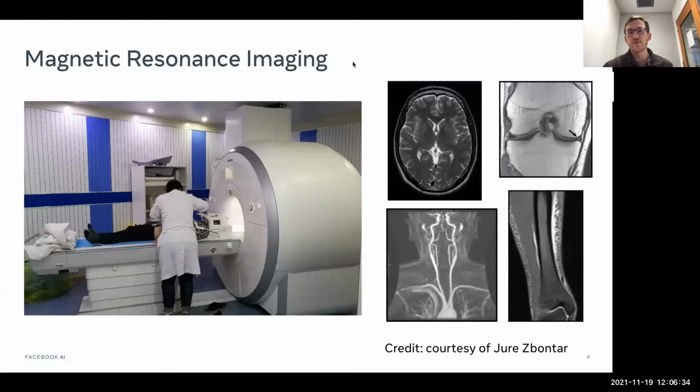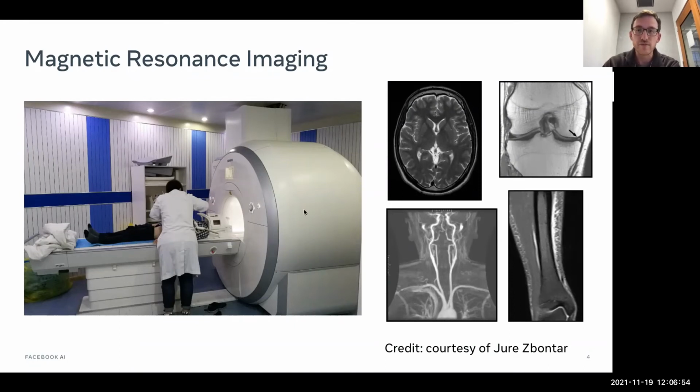So first of all, MRI, magnetic resonance imaging. I just want to talk a little bit about what it actually is. On the left here, I'm showing a picture of an MRI scanner. The way it works is you have a patient who is on this table here, and this patient goes inside this big tube that is shown here.